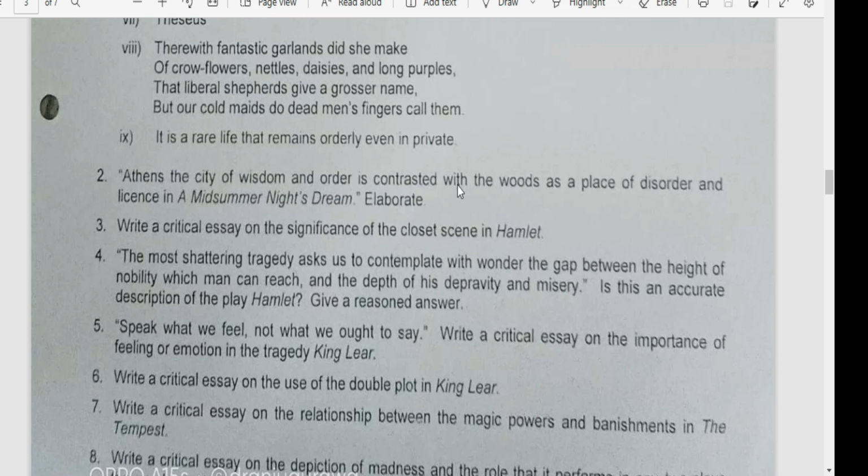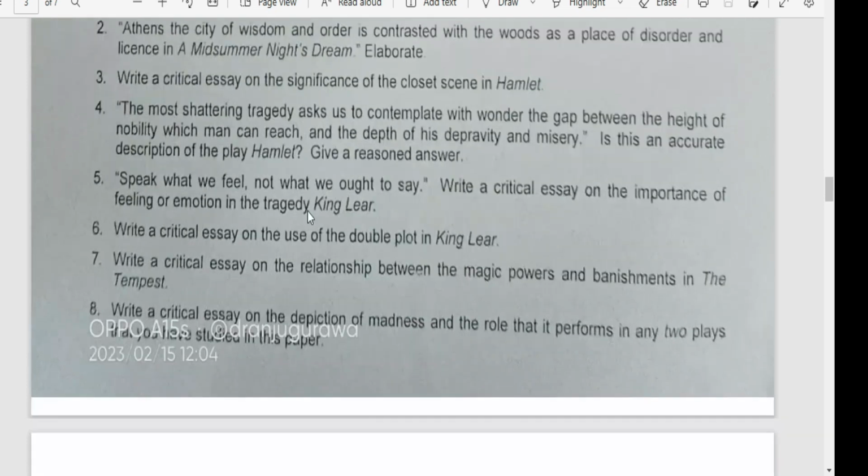And then number 9 is, it is a rare life that remains orderly even in private. And then question number 2 is, Athens the city of wisdom and order is contrasted with the woods as a place of disorder and license in A Midsummer Night's Dream. Elaborate. Write a critical essay on the significance of the closet scene in Hamlet.